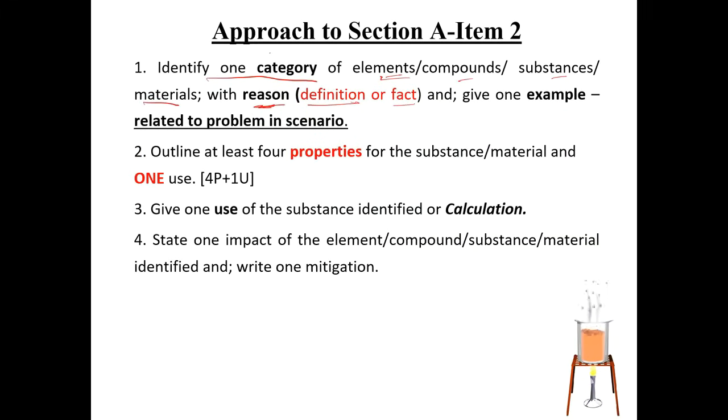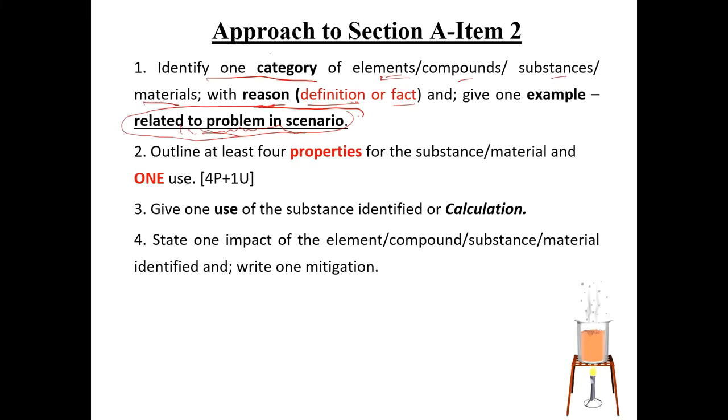Give us the definition of what a basic oxide is, or the fact that you know. Give one example. Now, but this example is always given in the what? It should be in the scenario. That's why we normally say it should be related to the problem in the scenario. Why do we say the problem in the scenario? We believe whenever we are responding to these items, we are solving problems. So that is number one.